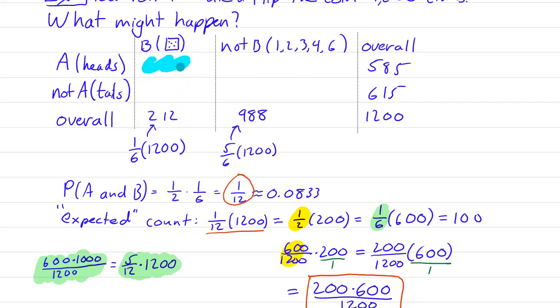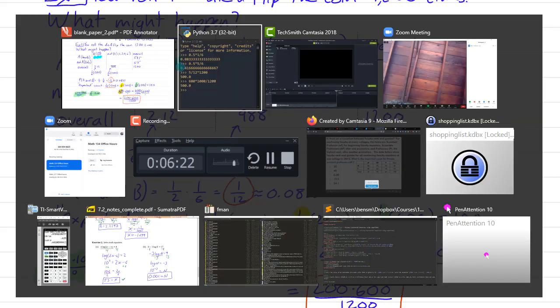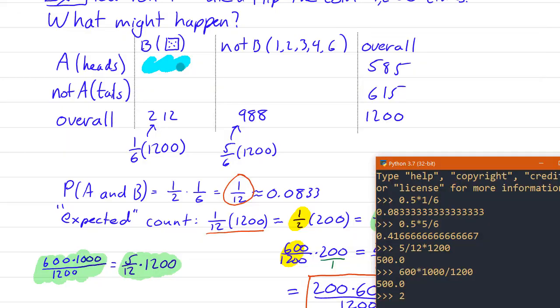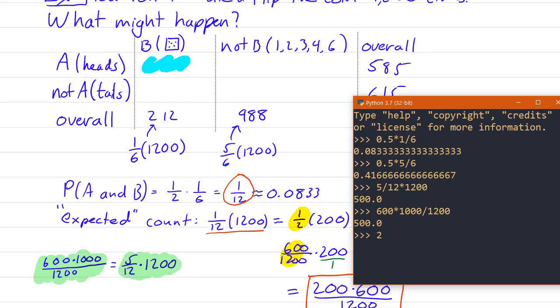You could still do 212 times 585 divided by the 1,200, and you're going to get about 103 or something. But because there's random variation, who knows?